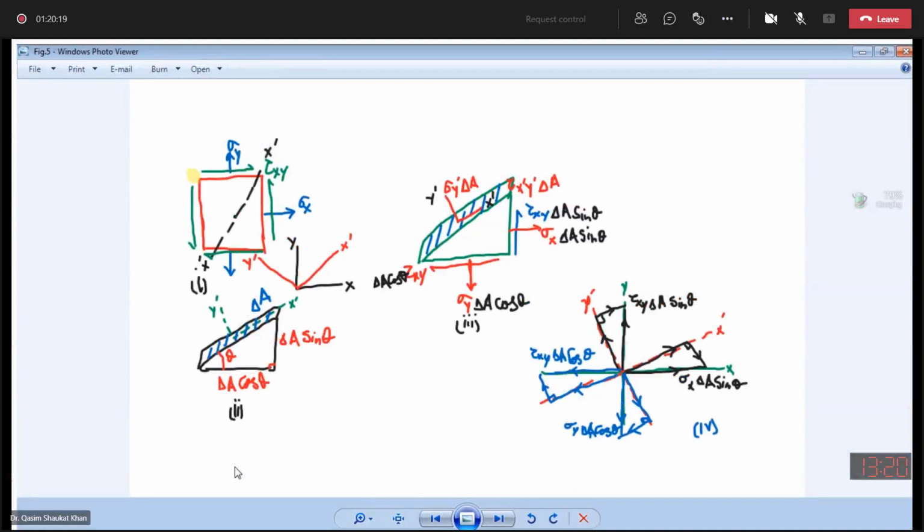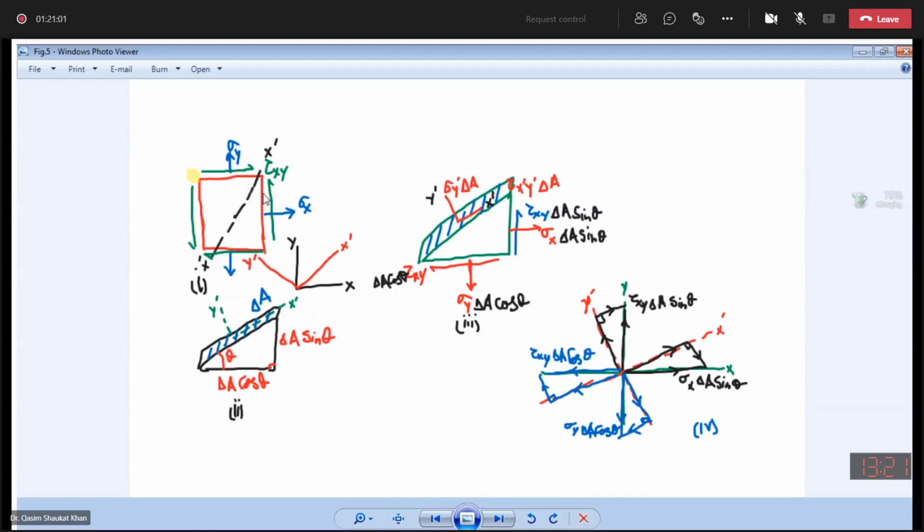Now we have got the expressions for sigma x dash and tau x dash y dash in terms of plane stress state sigma x, sigma y, tau xy and theta. Okay, now we want to derive the equation for sigma y dash. Now the procedure which I am going to explain now will be used to get the expression for sigma y dash, and this procedure can also give you tau x dash y dash.